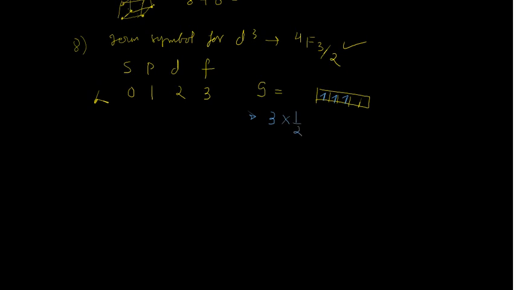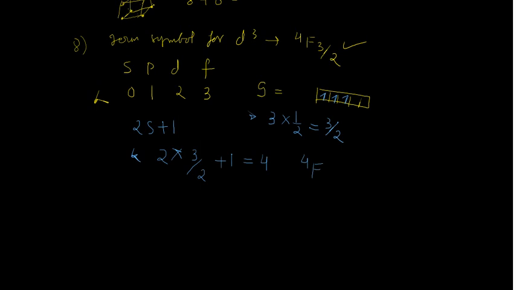And since you are calculating for d orbital, you can calculate the spin multiplicity. Spin multiplicity is given by 2S plus 1. 2 you can write in that manner, and you have calculated 3 by 2 and plus 1, so this will make 4. So this 4F is clearly there, and this 4F was there in all the 4 options. Now you have to decide the ground state term. Various combinations are possible for the J values.